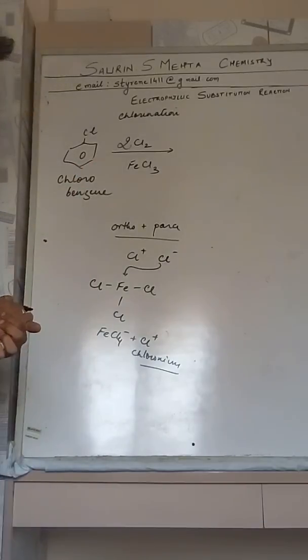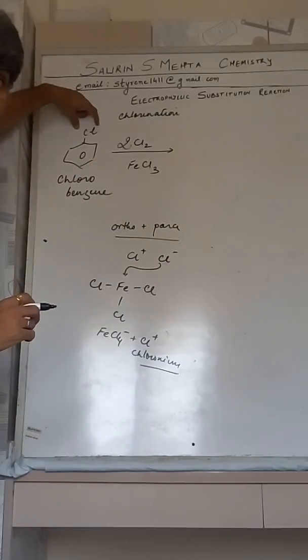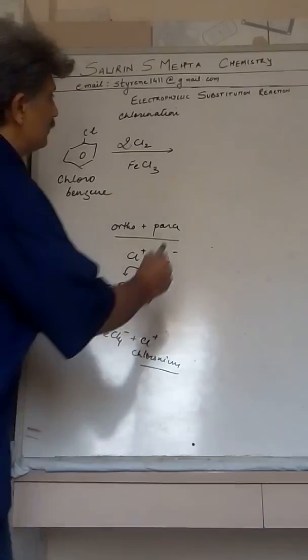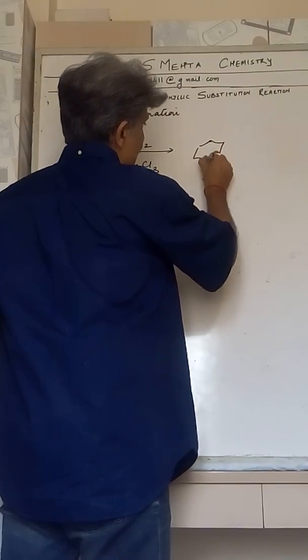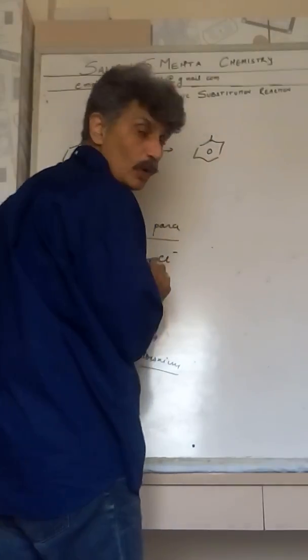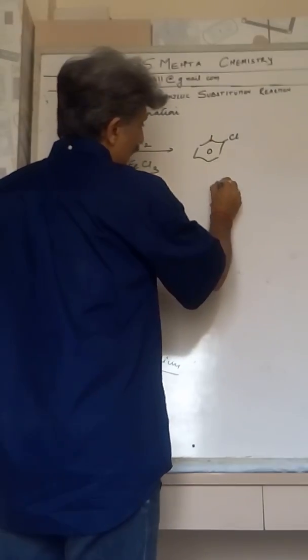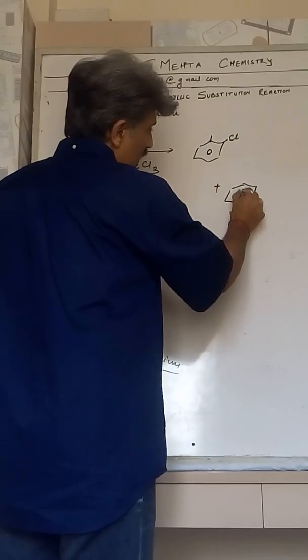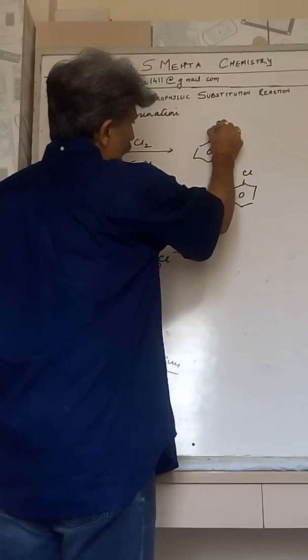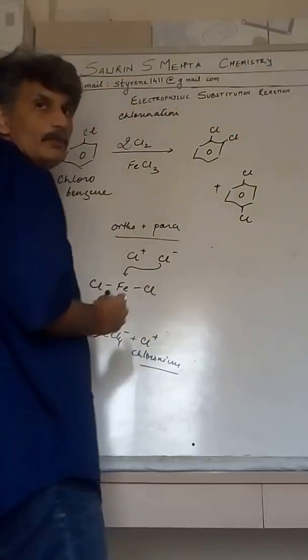This Cl being an OP directing, ortho and para directing, what will happen? The Cl plus which gets introduced, one Cl of the 2 will get on ortho and another Cl will get introduced onto the para position.